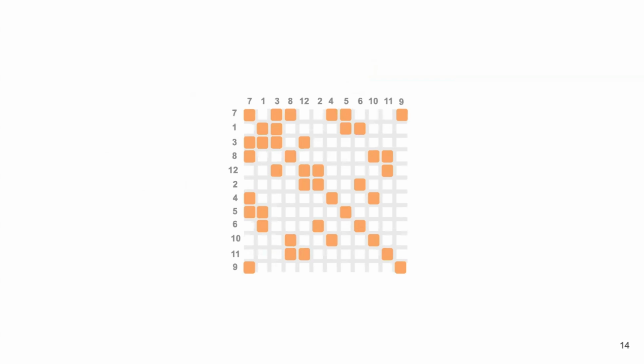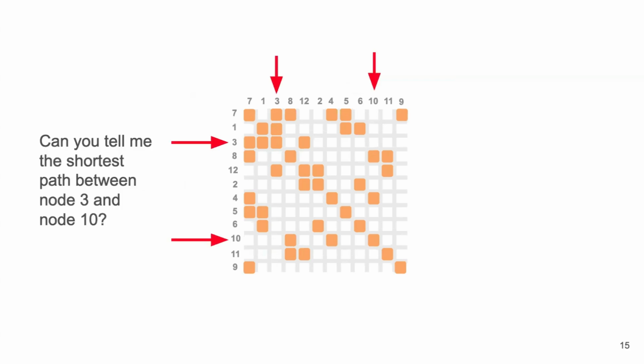I'm going to do it again. Can you tell me the shortest path between node 3 and node 10?